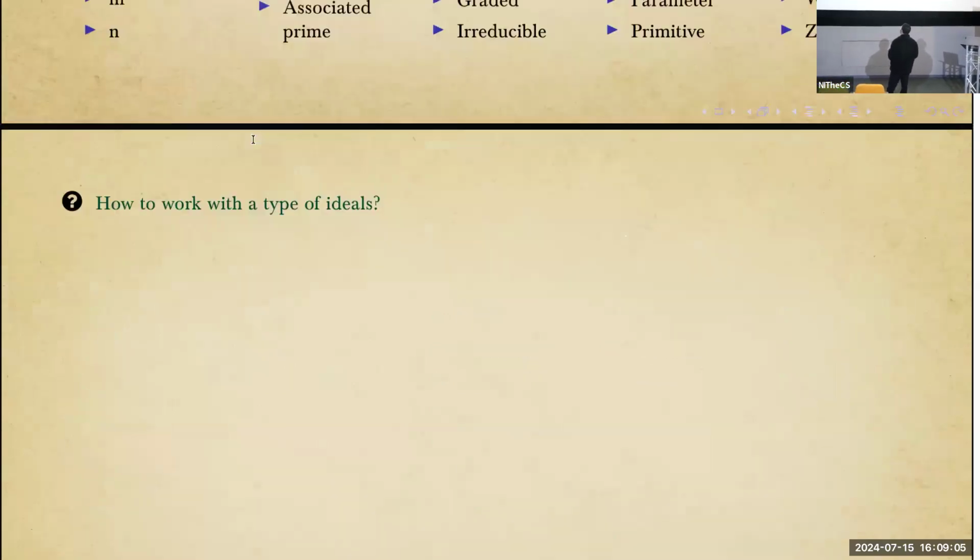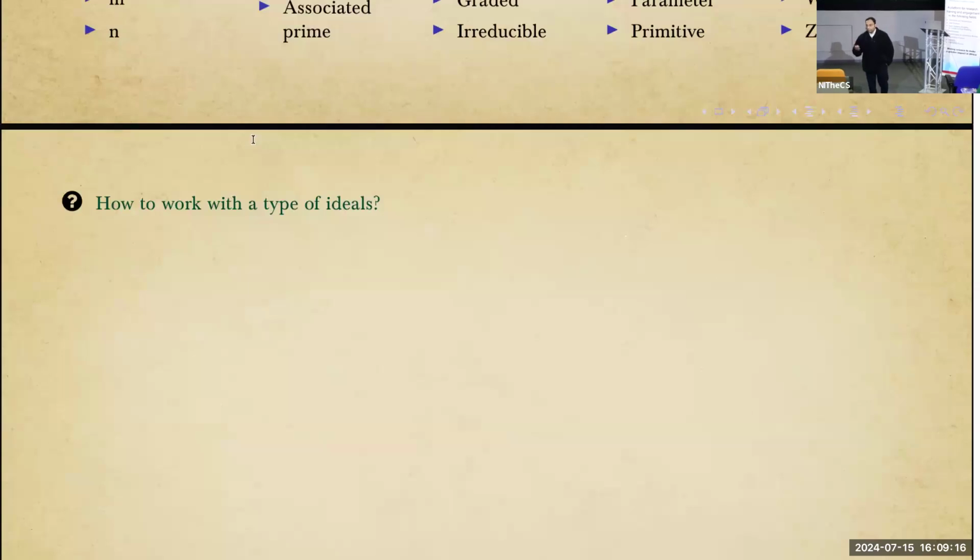So the question is, if we pick up one particular type of ideals, among all these ideals, one may ask, which one is the most important? I mean, that's a very controversial question.